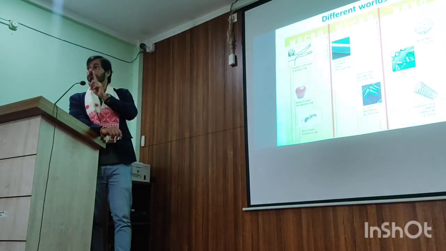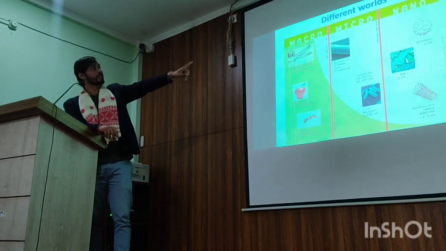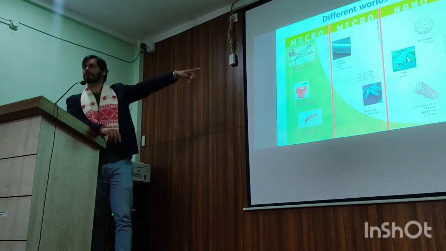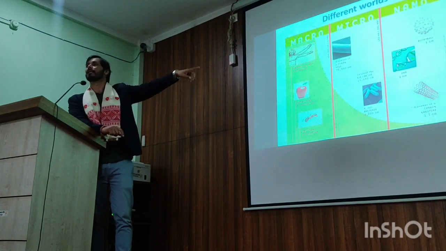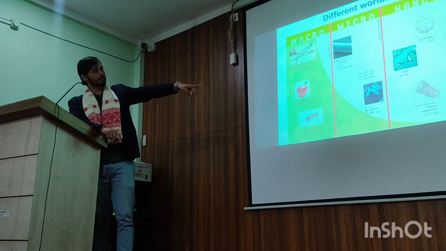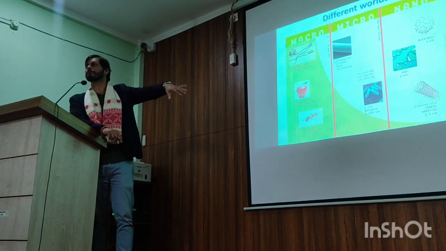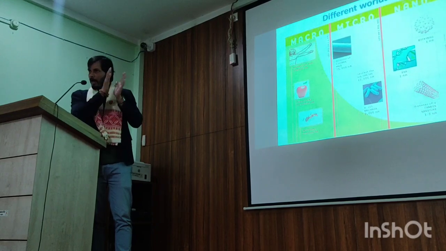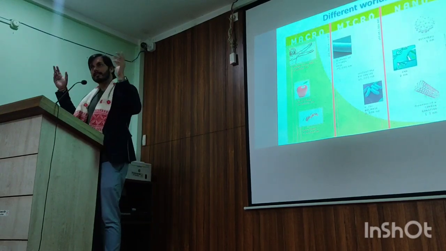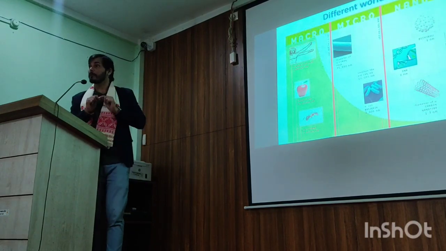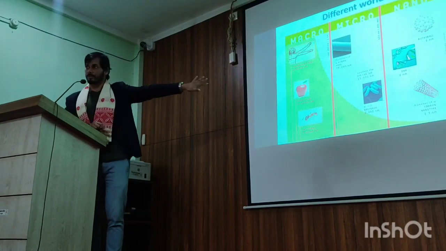Now I have introduced to you another, very new world, which is known as the nano world, where you can see naturally occurring things like DNA, but there are few other materials available in that range, like ball carbon nanotube. There are many actually, so today I will introduce one of them. So now you have three worlds: macro, micro and nano world. Today I will be talking of that world, not this.